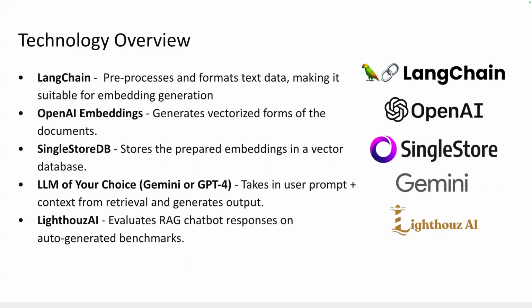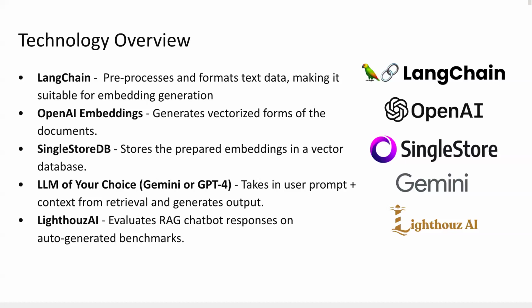So now that we got through what RAG is and how the underlying technology works, we're going to be focusing on today's technology. In today's session, we're going to be developing and evaluating RAG chatbots, and we'll be using a suite of different cutting edge technologies. Firstly, LangChain will pre-process and format the text data and prepare it for the next stage, where the OpenAI embeddings will generate these vectorized representations that we were just talking about, right?